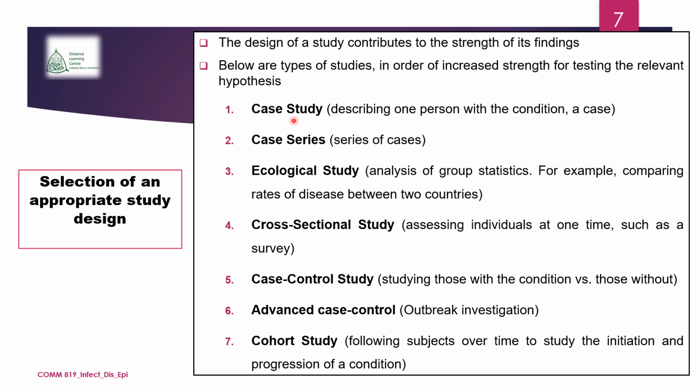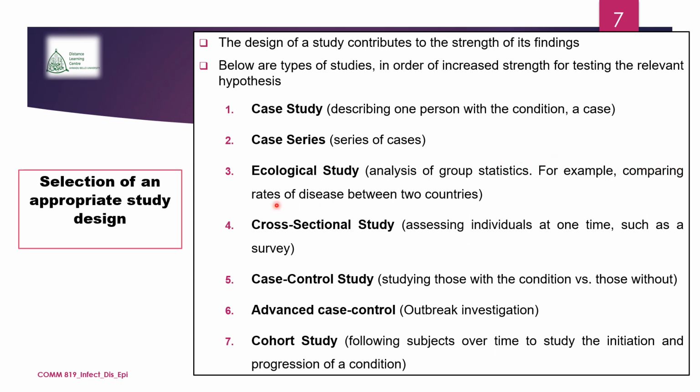And below are some types of studies in order of increased strength for testing the relevant hypothesis. We have a case study or case report. Usually this is a single case describing one person with the condition as a case. Then we have case series where you have series of cases. Then ecological study. And this deals with analysis of group of statistics.